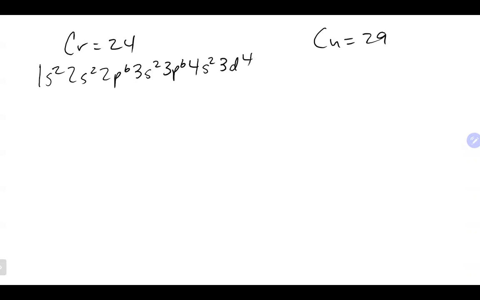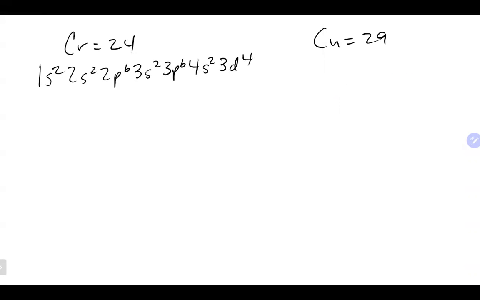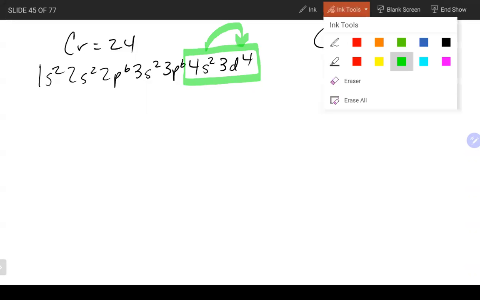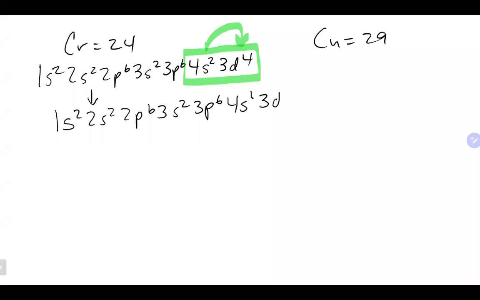Chromium has been found experimentally to be an exception to the normal electron configuration. The exception happens right here. There's one more electron up in the d orbital and one less electron in the s orbital. And that's able to happen, as we talked about, because they're very close in energy anyways. So the correct electron configuration for chromium would actually be 1s2, 2s2, 2p6, 3s2, 3p6, 4s1, 3d5.